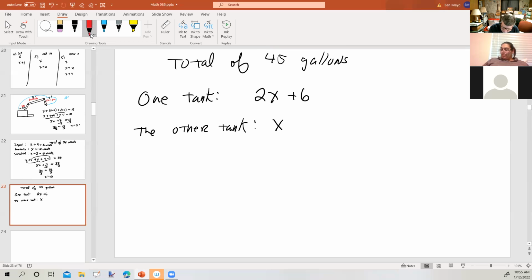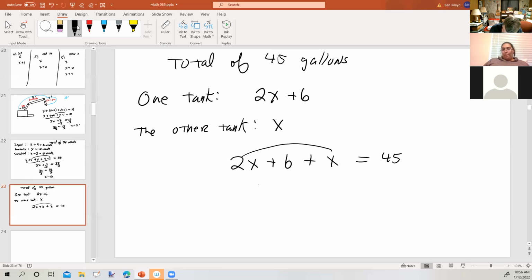Okay, so 6 gallons more than twice the other. Now, if we add the two tanks together, we should get the total of the two tanks.